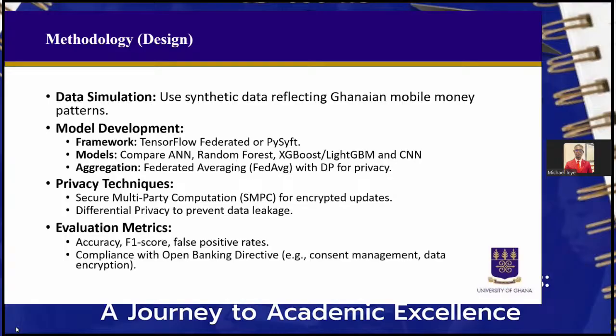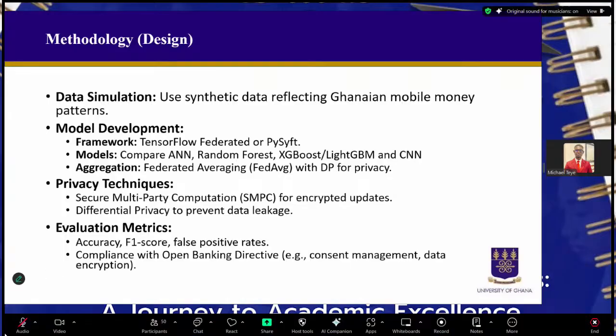With the model development, we are going to use TensorFlow Federated or a Python framework. Then with the models, we are going to compare ANN, Random Forest, and XGBoost.